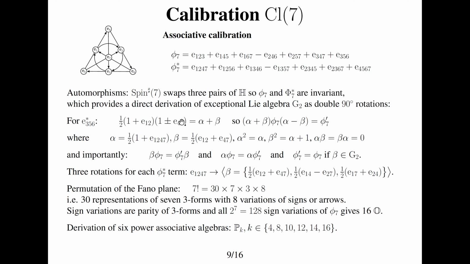You define these as the pair of 90-degree rotations, alpha and beta, where alpha is the commuting part and beta is the 2 non-commuting parts. What you find is that the full rotation, defined by the calibration, the full rotation of phi 7, gives you phi 7 dash.